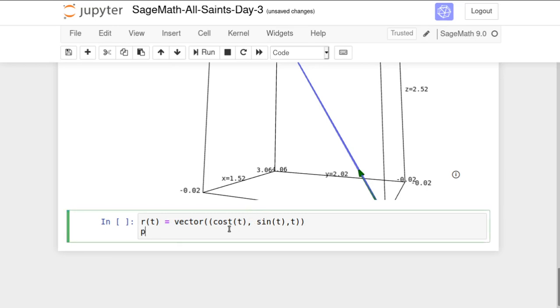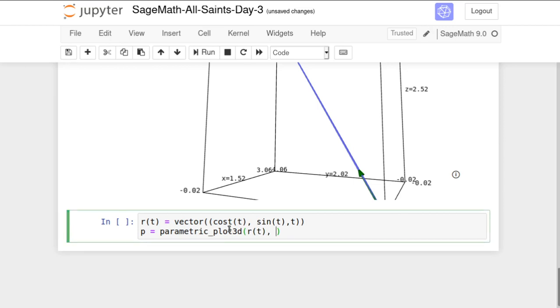What kind of curve is going to be represented here? Okay, we will see that. P equal to parametric plot. Because there are three components, we will see a three-dimensional plot of r of t in the range. What range should we put?